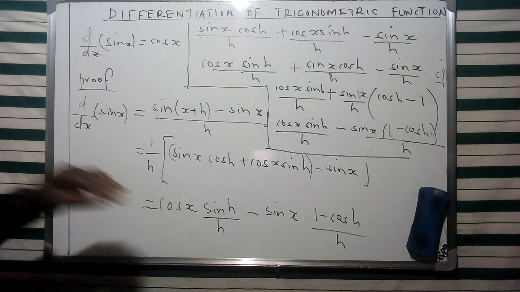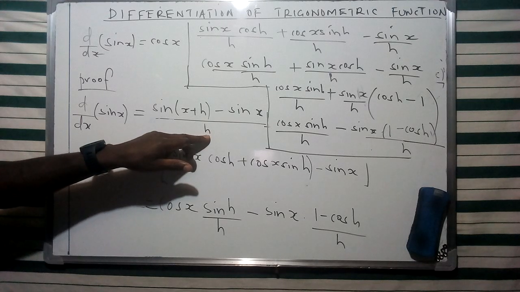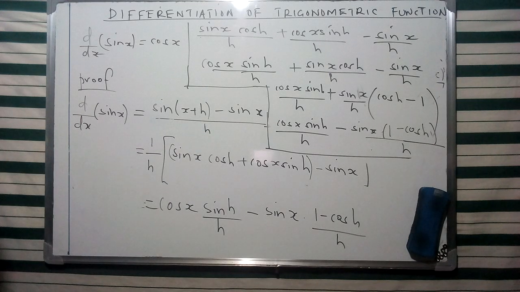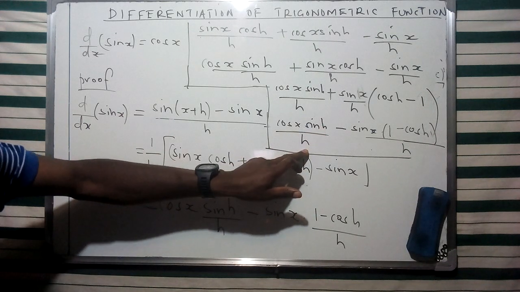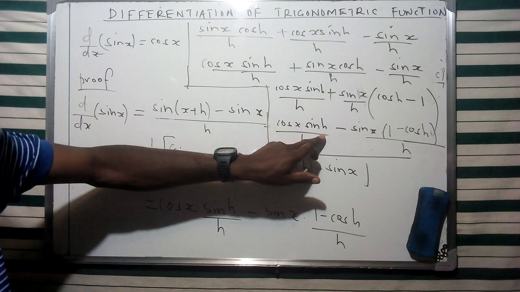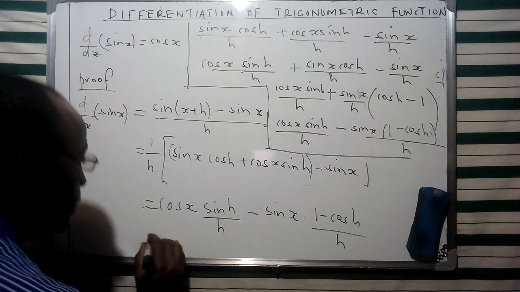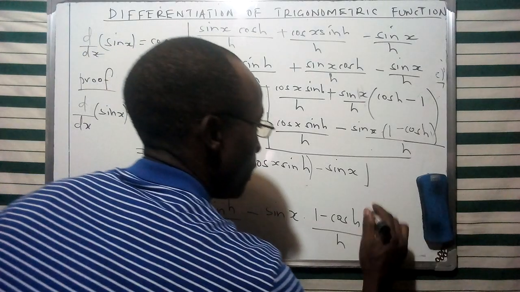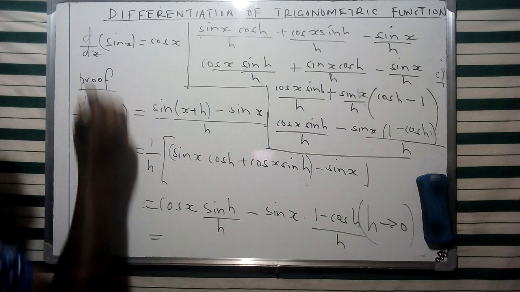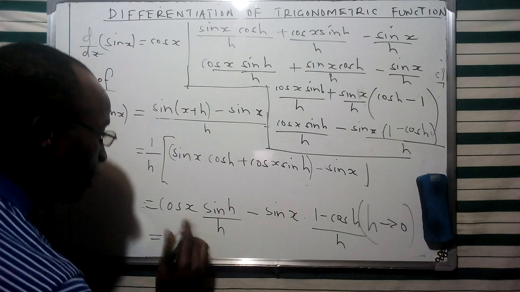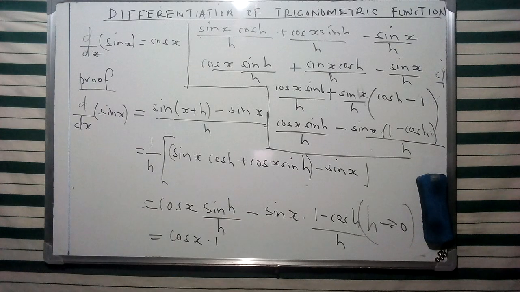We said that we're going to give a general function where this specific increment in x tends to 0. Therefore, in this particular case, for the cosine of x times sine h over h, as h tends to 0, this first section of the function for the derivative is going to reduce into the cosine of x times 1, whereby the sine h over h implies 1.